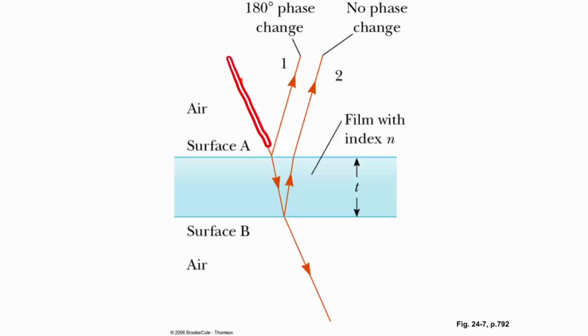Light's coming in, and when light hits a surface, it's going to reflect and refract. So they labeled this first reflection as number 1. The light comes in, bounces off, we've got that. But it also refracts into the thin film.